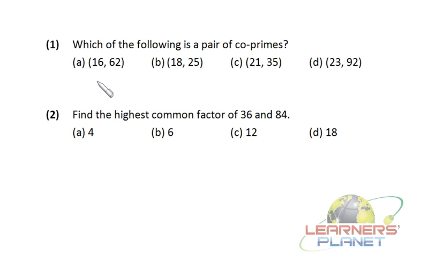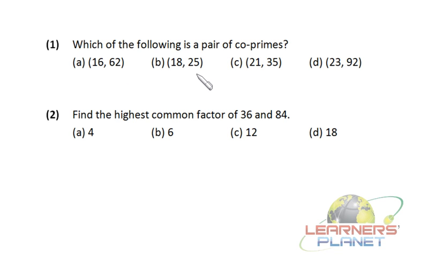Now in the very first question, which of the following is a pair of co-primes? What are co-prime numbers? Friends, we have discussed this in our types of number session, that is if the HCF, the highest common factor between two numbers, is 1, then the numbers are co-prime to each other. In this case 16 and 62, definitely 2 is common, hence it is not a pair of co-primes.